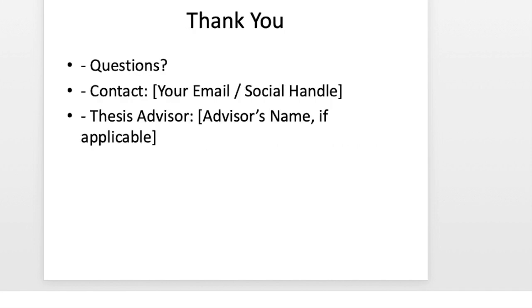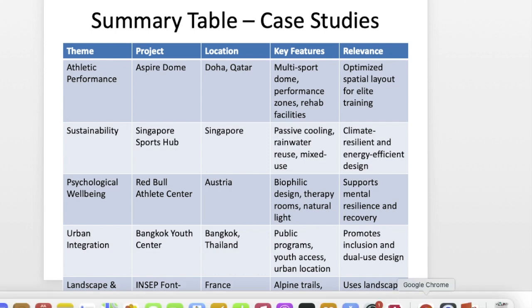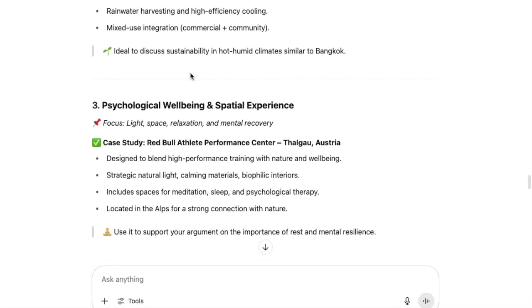Thank you. The thing that is missing here, well, it's not missing because this one is the case study of the buildings. But if I'm talking about books, articles, journal articles, I need to put the reference, the table with the references, which is the information that ChatGPT already gave us here.